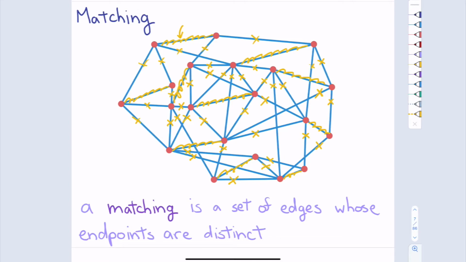All right. How did we do? Did we get a good matching? We got 1, 2, 3, 4, 5, 6, 7, 8, 9, 10 edges. Does anyone see any way we can do better?